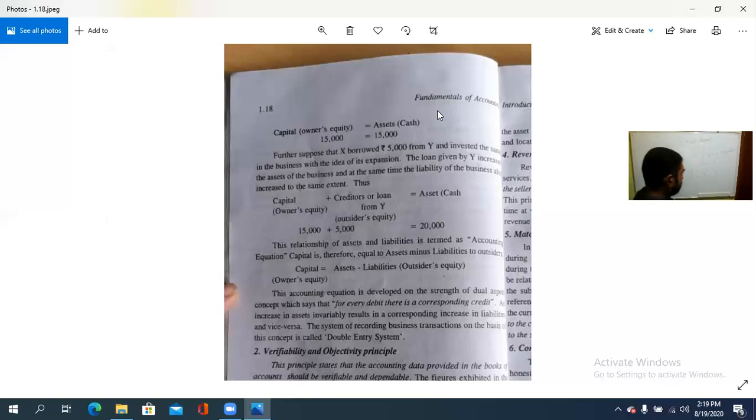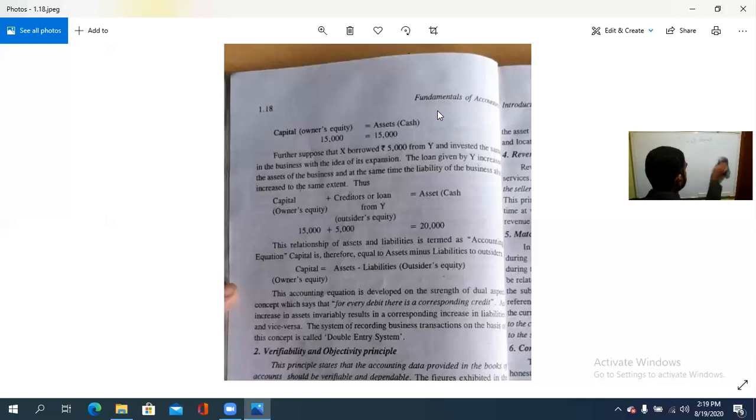Okay, so that is the case with regard to which one? Capital is equal to asset minus liability. Then asset is equal to capital minus liability, and third one is what? Yes, liability is equal to capital minus asset. So in that way, we are calculating these things. So this is the accounting equation.